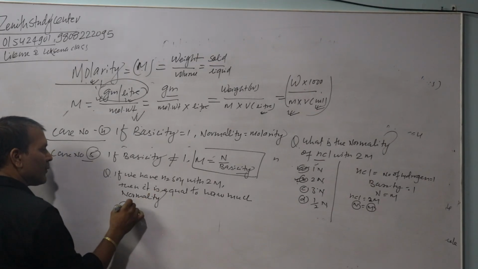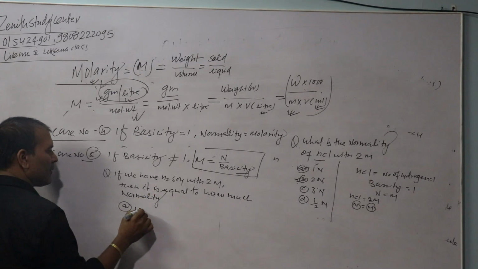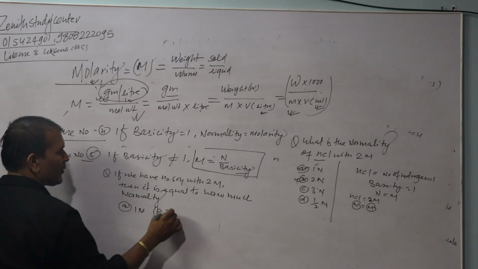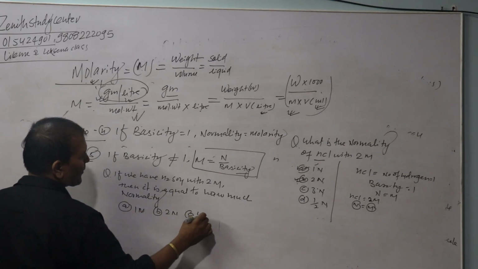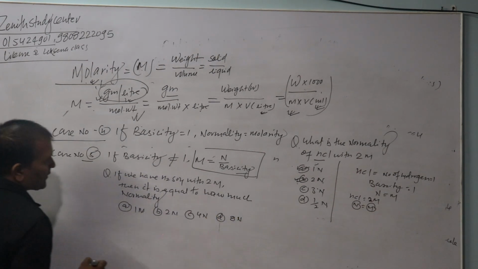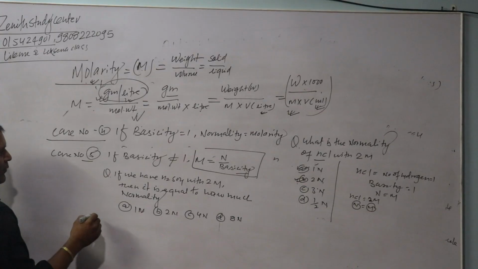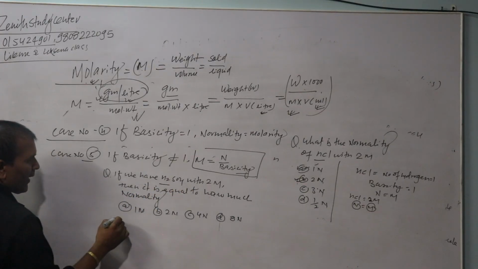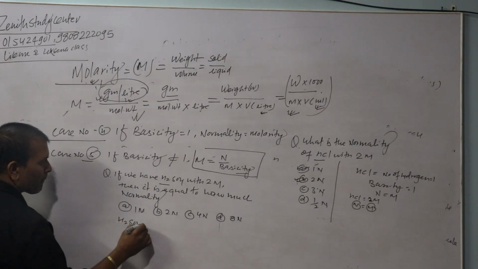Option A, 1 normal, B, 2 normal, C, 4 normal, D, 8 normal. This is your option. First we have to write that H2SO4.